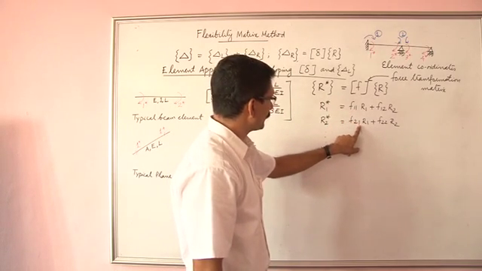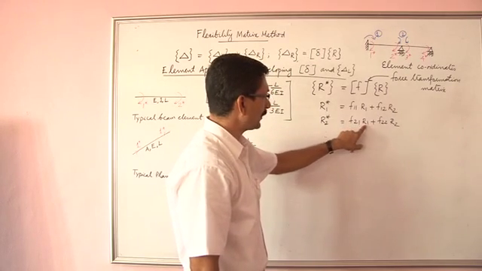Here F21 will be given by R2 star when R1 is equal to 1 and R2 is equal to 0.